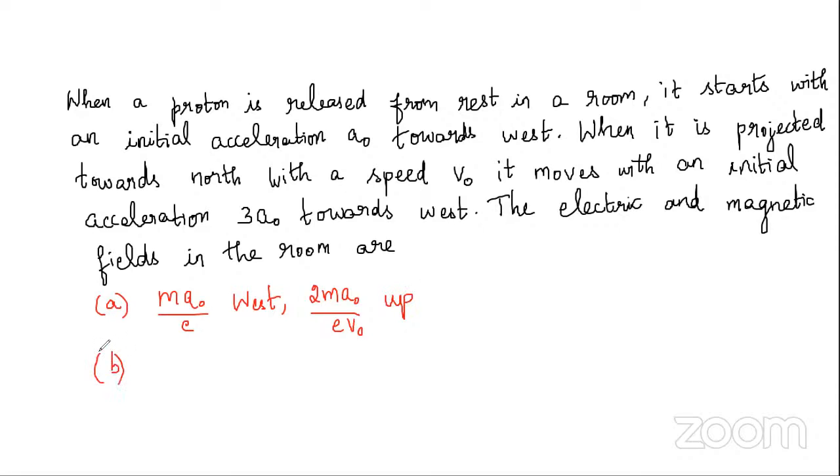Option B is m a naught by e west, 2 m a naught by e v naught down.